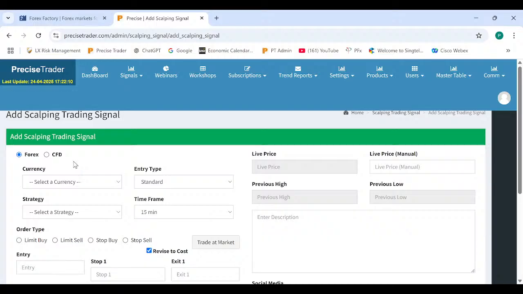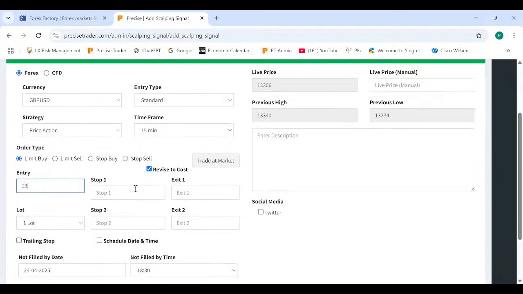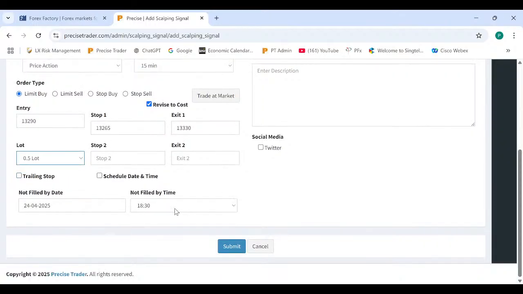One is we go for a buying at 132.90, 60 or 65, then 133.30. Okay, there's a 40 pips, and this is a half lot, and this one we will give 1 hour or at the most 1.5 hours for this trade.